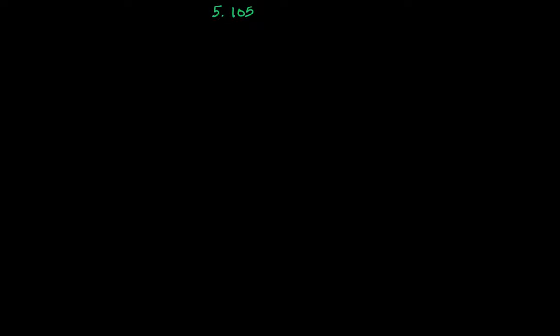All right, Chapter 5, Question 105. When hydrochloric acid is poured over potassium sulfide, 42.9 milliliters of hydrogen sulfide gas is produced at a pressure of 752 torr and 25.8 degrees Celsius.